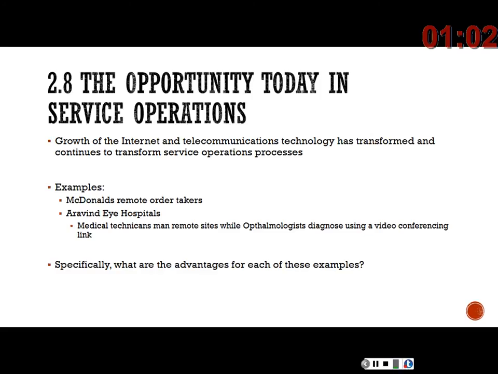Aravind Eye Hospitals: medical technicians man remote sites while ophthalmologists diagnose using a video conferencing link. How much cooler is that, that we can service healthcare needs around the world that we wouldn't have been able to before? Both are examples where technology is used to improve the utilization of labor resources.